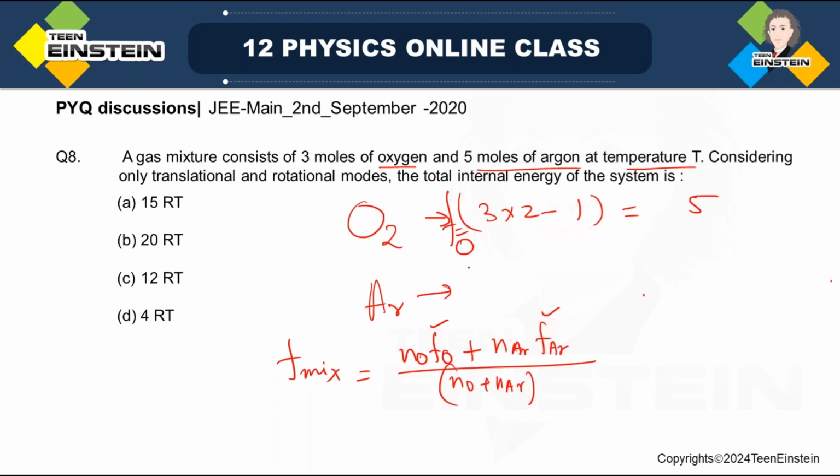For argon, it is a monoatomic gas, so 3 into 1, since for a monoatomic gas there are no constraints.